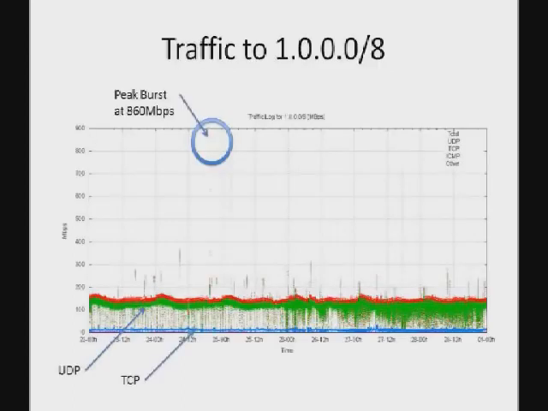What you're looking at in the graphs is megabits per second on the y-axis, and the x-axis is the week-long duration. Roughly, you're looking at 160 to 170 megabits per second of sustained traffic for the entire /8.